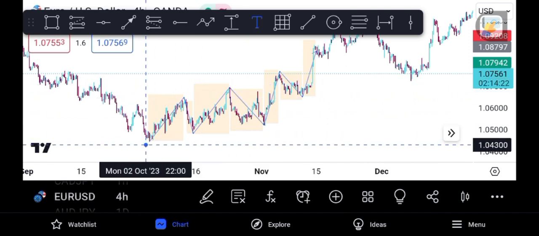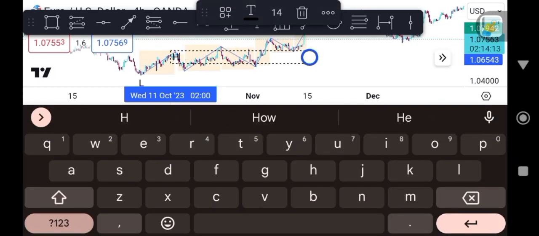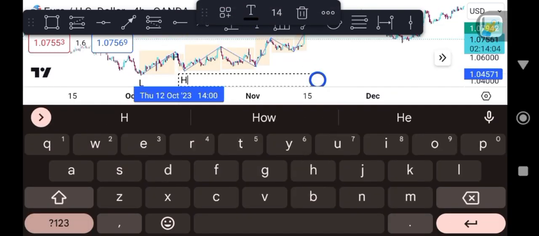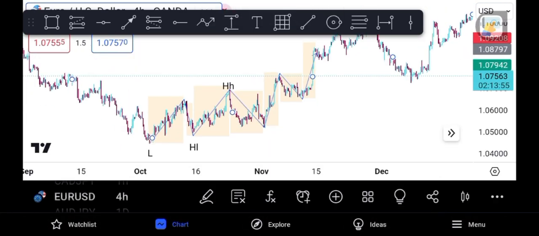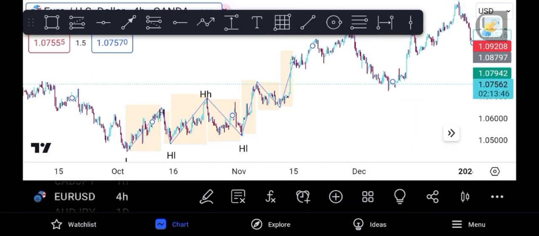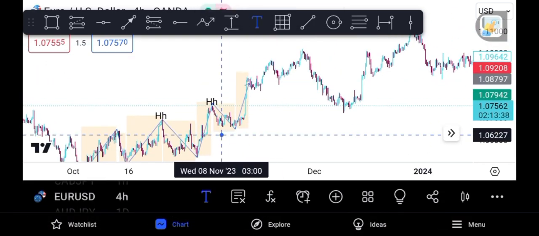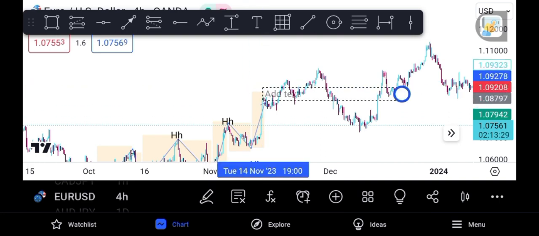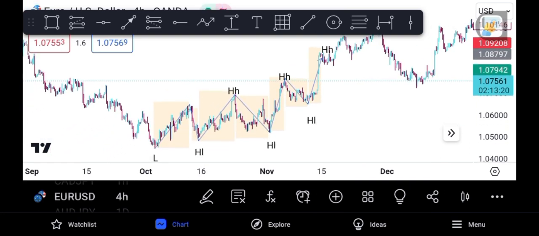So here we have a low, then we have a high here, a higher low, then a higher high here, a higher low, then a higher high, then a higher low, and a higher high.